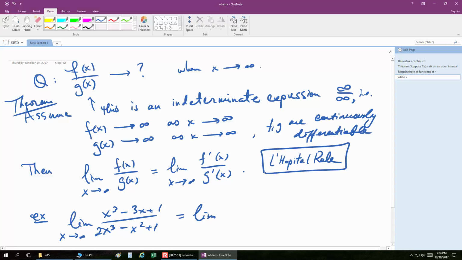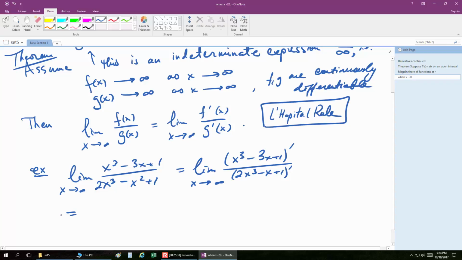So look carefully. I'm going to be differentiating the numerator separately from the denominator.